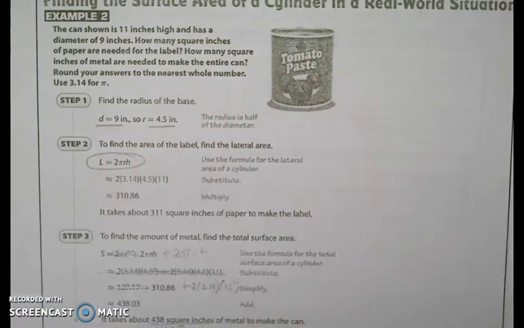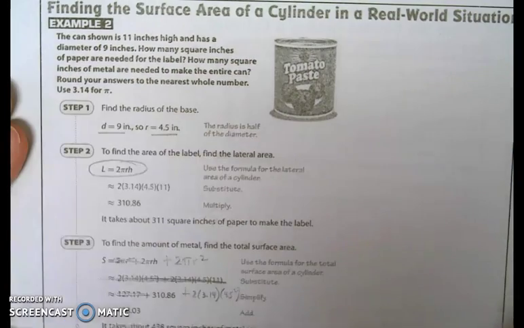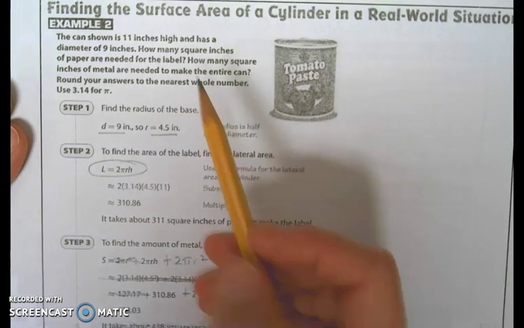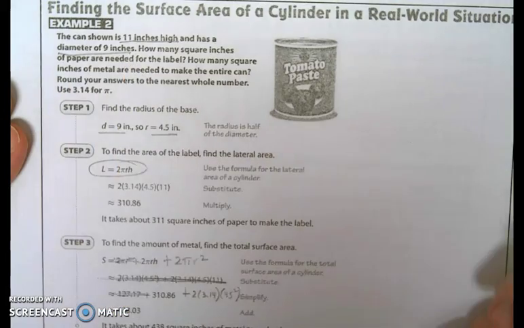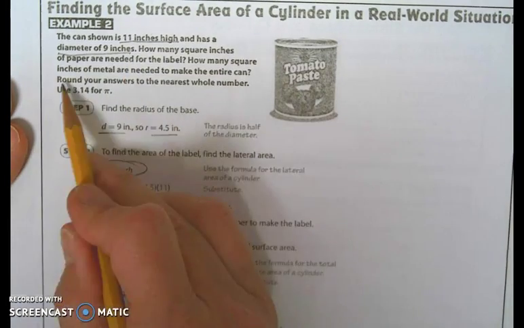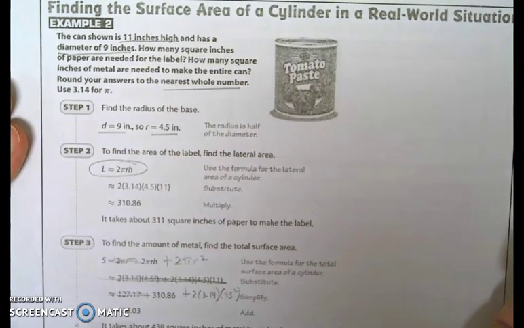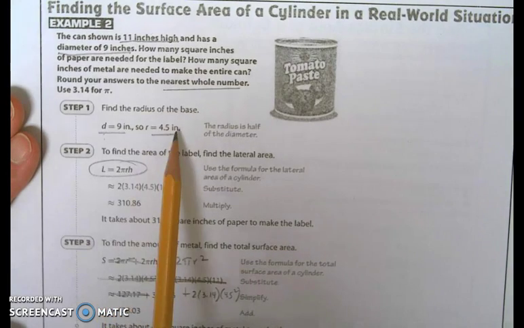When solving real-world situation examples, just make sure you read carefully. It tells us that the can shown is 11 inches high and has a diameter of 9. When we're trying to calculate the surface area, it says to round to the nearest whole number, so again, these are little details you need to pay attention to. We need to make sure that we take our diameter, cut it in half to get our radius.